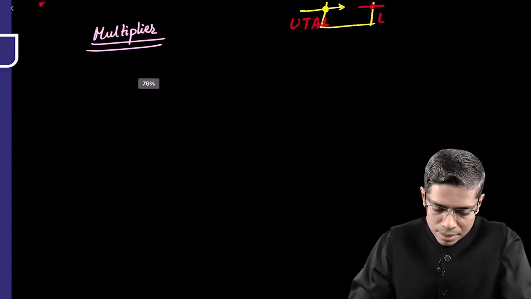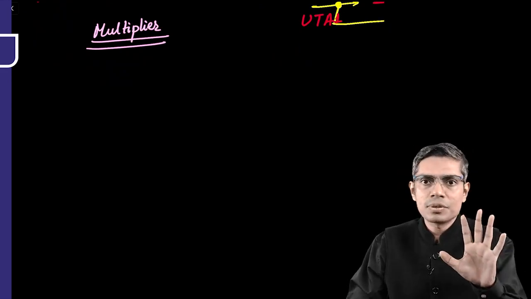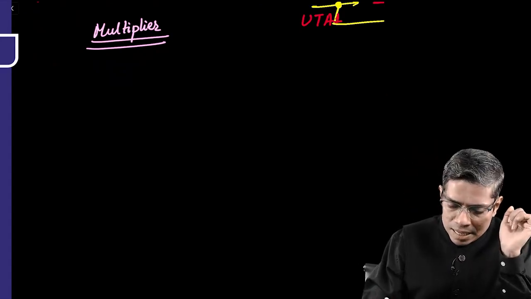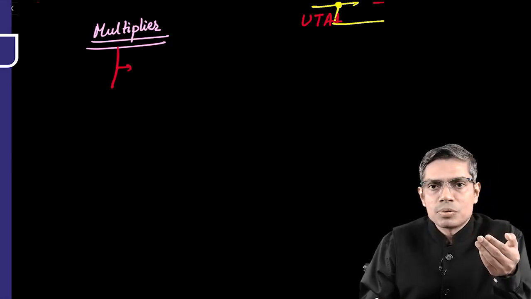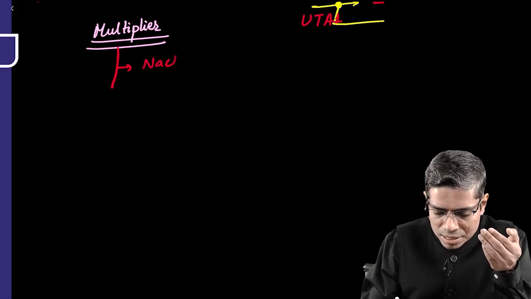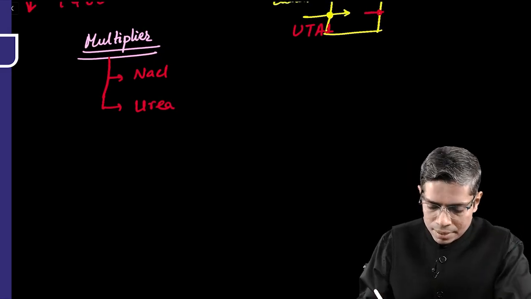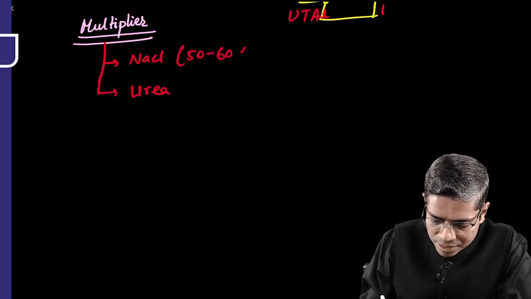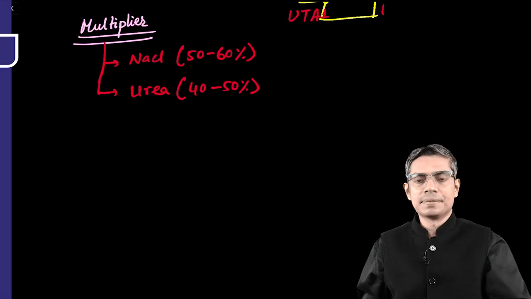So in the process of multiplication, we have seen sodium chloride is also there and urea is also there. If I ask you, tell me how much tonicity is contributed by sodium chloride and how much tonicity is contributed by urea. Okay, so Guyton is saying that 50 to 60% contribution is by NaCl and 40 to 50% contribution by urea, right?